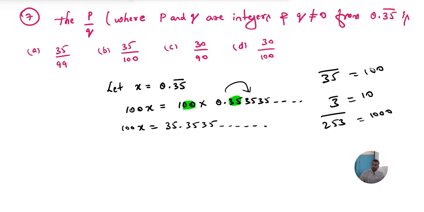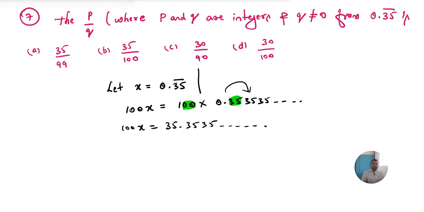Now, observe here. What did we take x as? Here we took x as 0.35 bar. So this implies that we can write x as 0.3535353535, right? You can write 35 bar, or write 35 just 3, 4 or 5 times, both are the same.